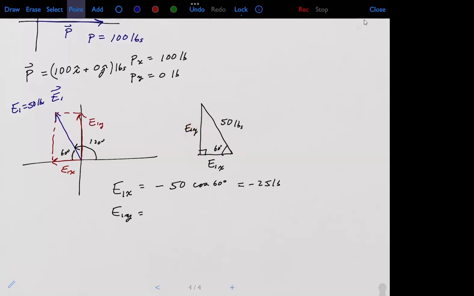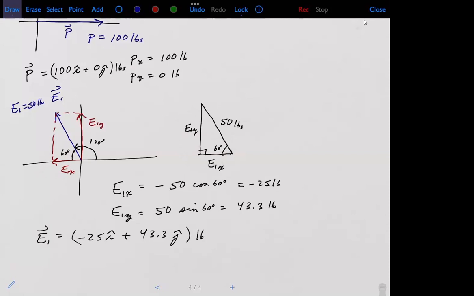Opposite over hypotenuse. And it's positive because it's pointing upward. It'll be 50 times sine of 60. And that's equal to 43.3 pounds. So then I could write E1 as negative 25 i hat plus 43.3 j hat pounds.